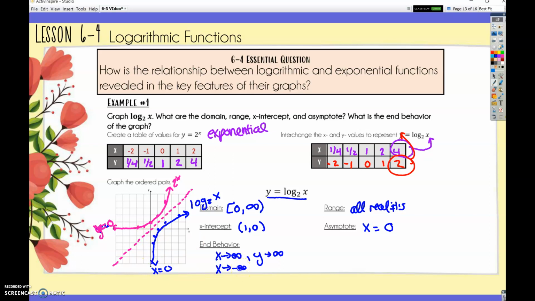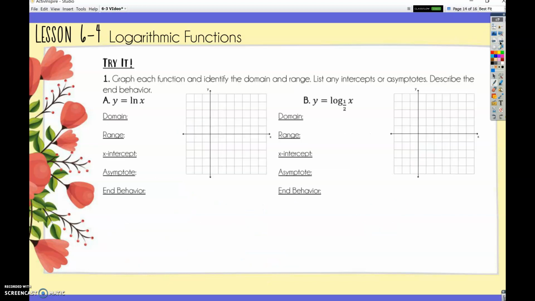So we actually would say as x goes to 0, because it's only going to approach that 0, our y goes to negative infinity. All those values and key features, again, flip-flop or reverse each other because 2 to the x has an inverse of log base 2 of x. So they still have those inverse properties, including graphically flipping over that line y equals x.